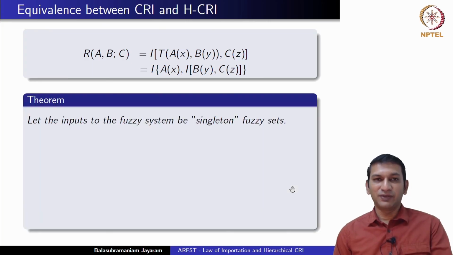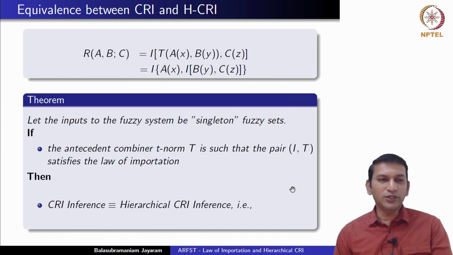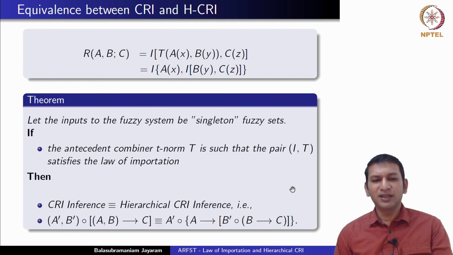So we have a result which says that if the inputs to the fuzzy system are singleton fuzzy sets, and if the antecedent combiner T norm T is such that the pair IT satisfies the law of importation, then the inference obtained from the CRI is exactly identical to the one obtained from hierarchical CRI. And what if the inputs are not singleton?